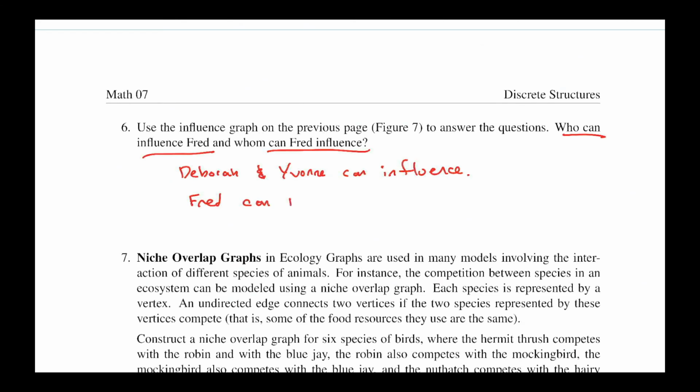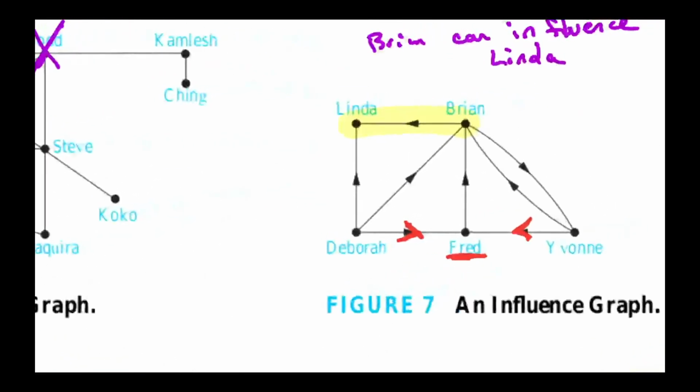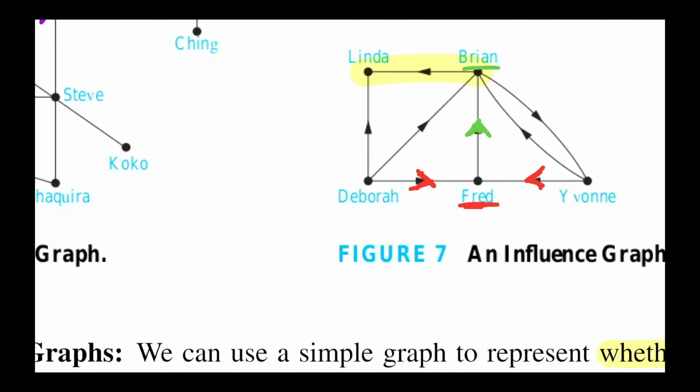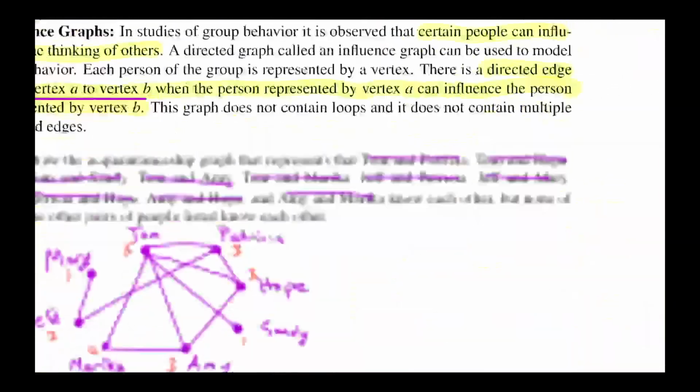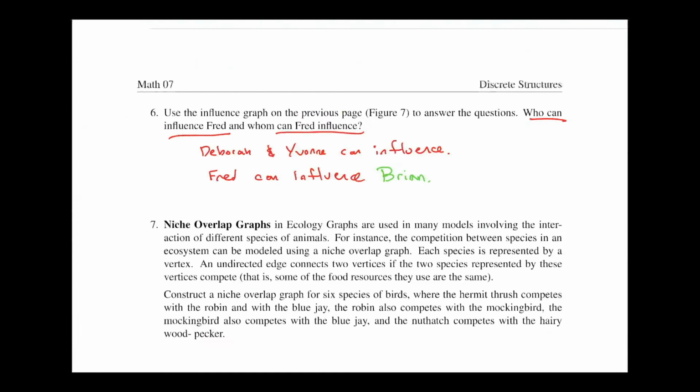Fred can influence, let me scroll back up. Looks like this is the only one, right? Fred can influence Brian. And that's all you do with those.